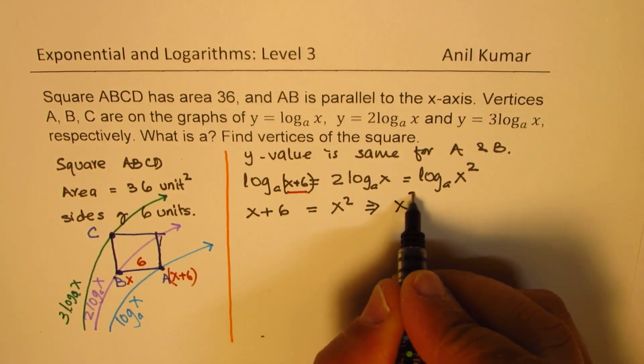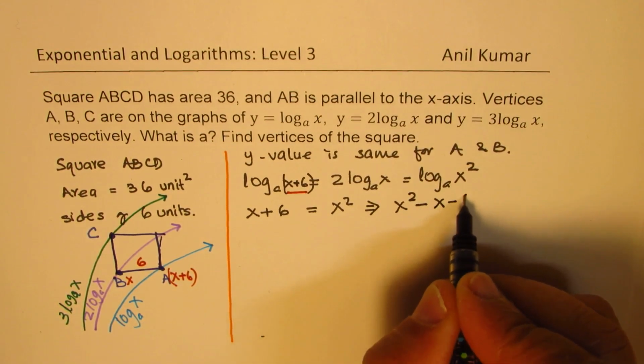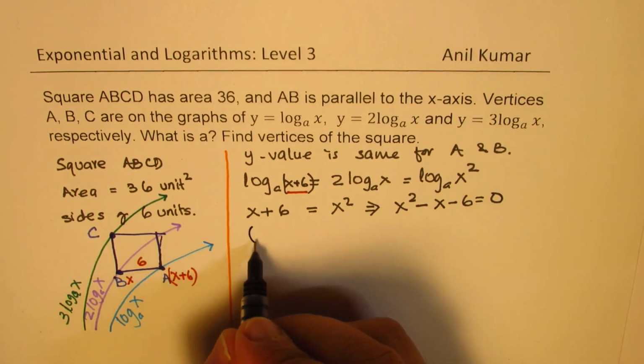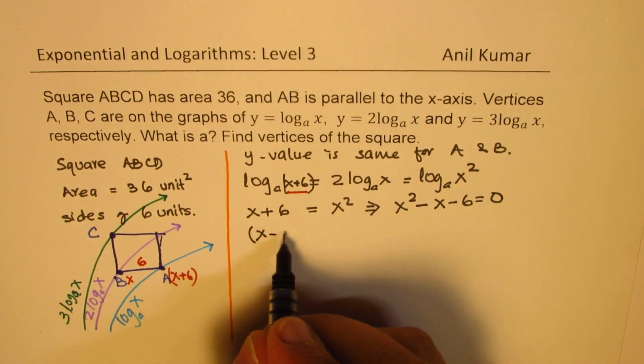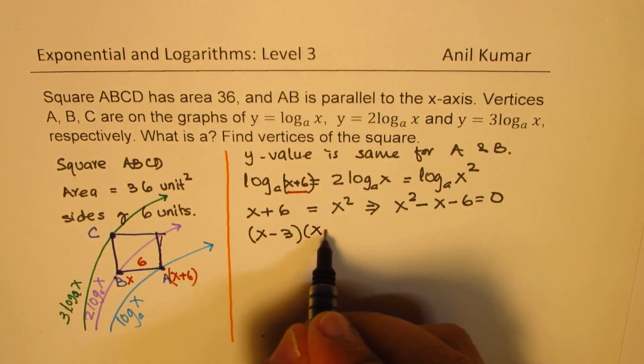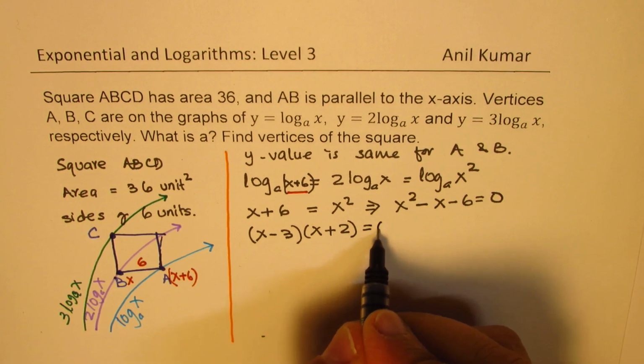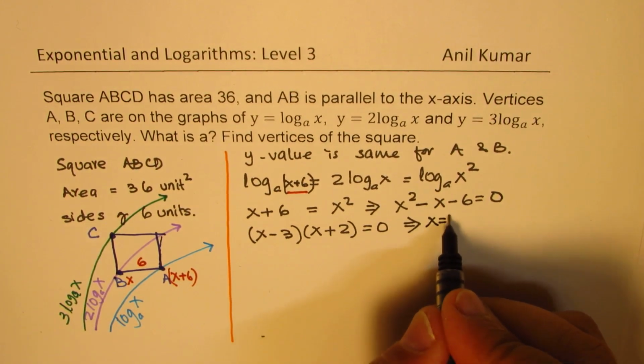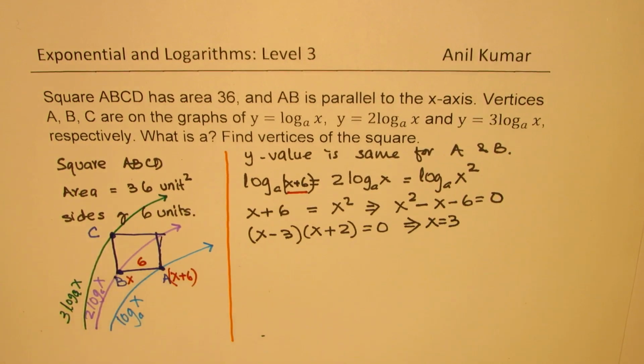So we have x squared minus x minus 6 equals 0. And this can be factored. We can write this as x minus 3 times x plus 2 equals 0. And that gives you two values of x. x equals 3 and x equals minus 2.